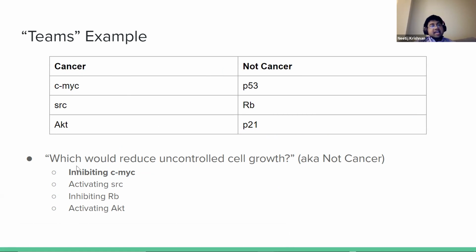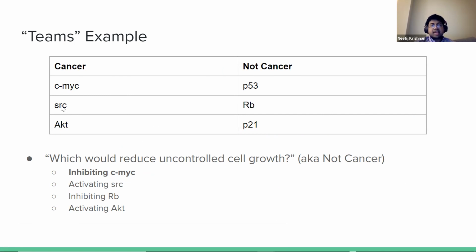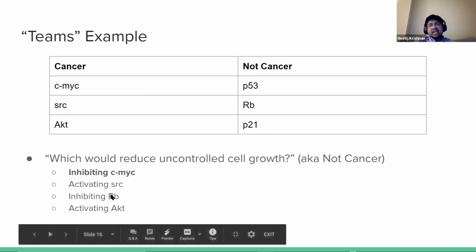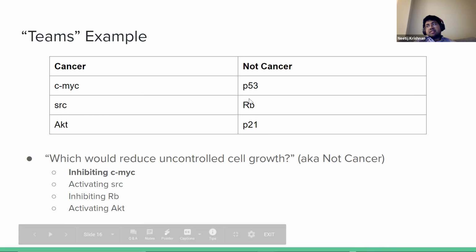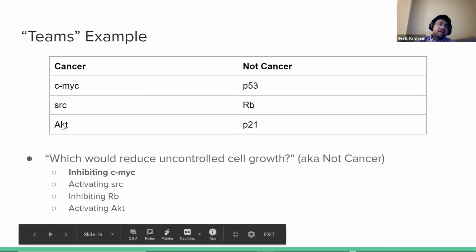Inhibiting CMYC, that's against something on team cancer, so that's not cancer. Activating something on team cancer, that's cancer, so you don't want that. Inhibiting something on team not cancer is going to be pro-cancer, so you don't want that either. And activating something else on team cancer, also not what we want. So that gives us the first answer.